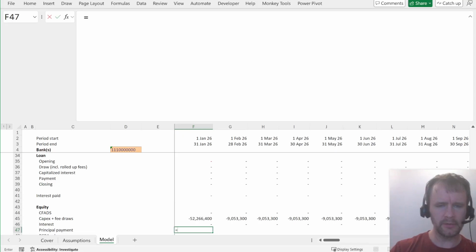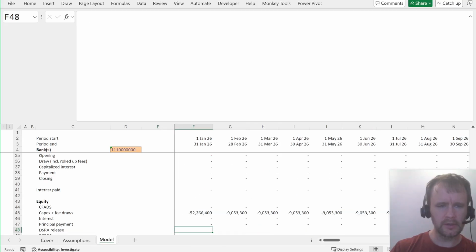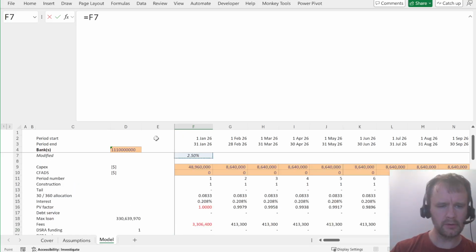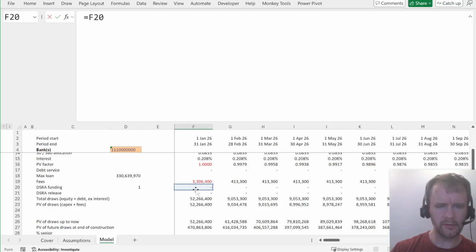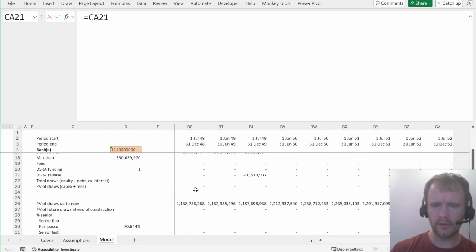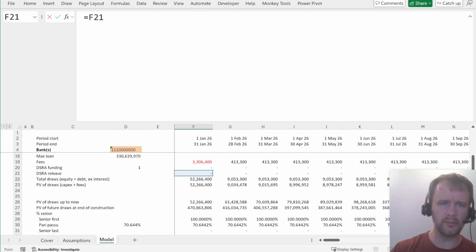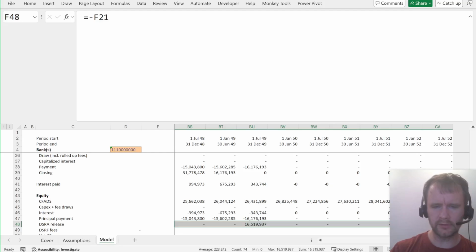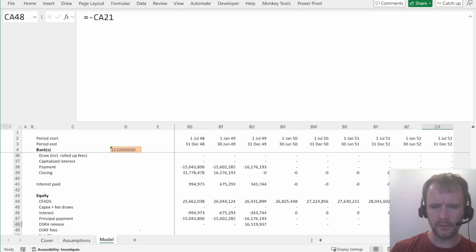The principal payment is going to be the payment from up here. Carry that across. The DSRA release, I think I modeled that up here. Yes. What sign did I give it as the next question? It has a negative sign, so I want minus that. The DSRA release is good. Give us money. Okay, and these two together, yes, was our max debt service, which is equal to that.